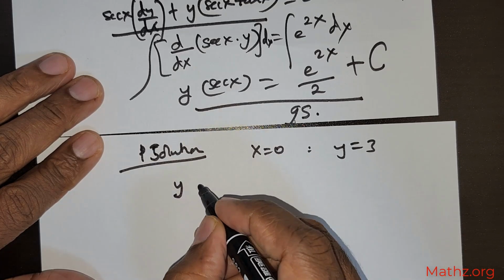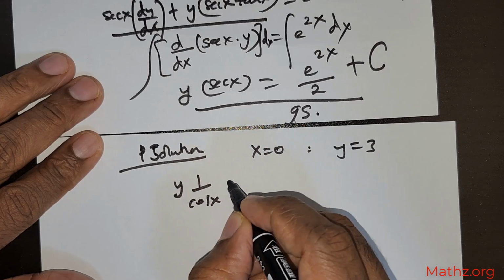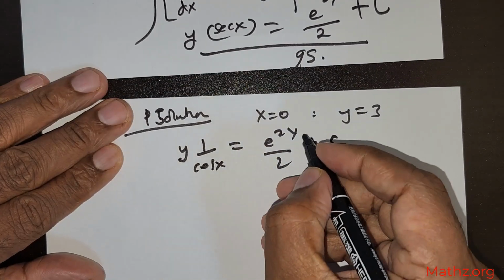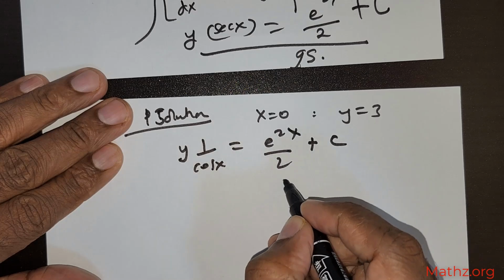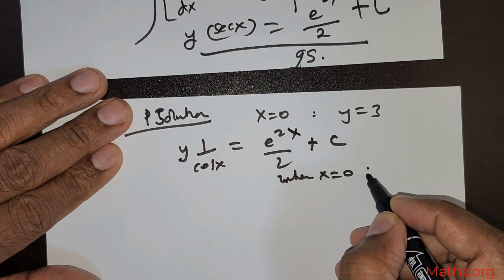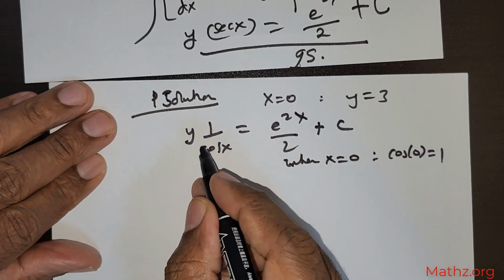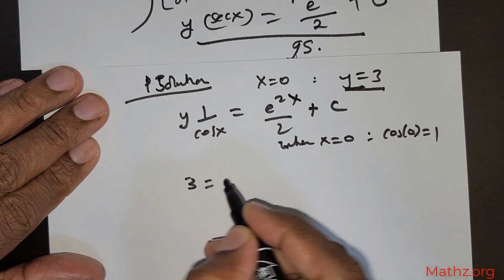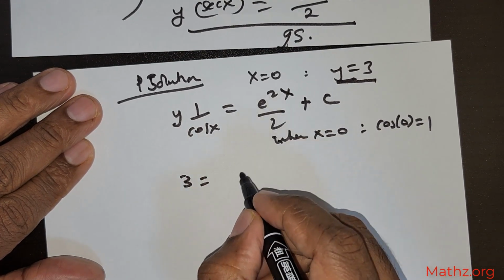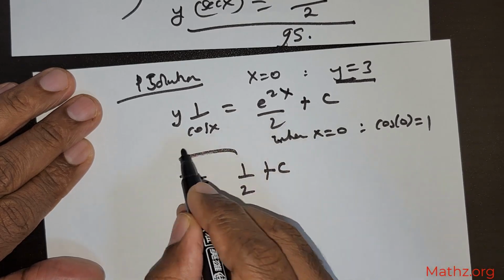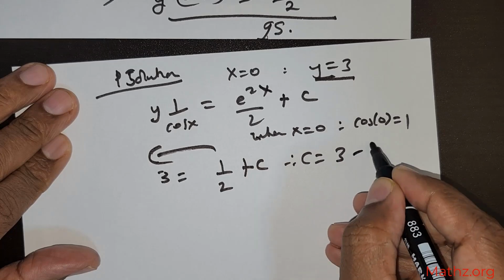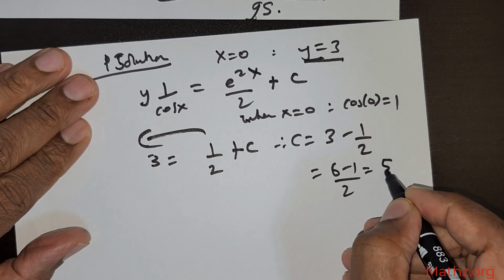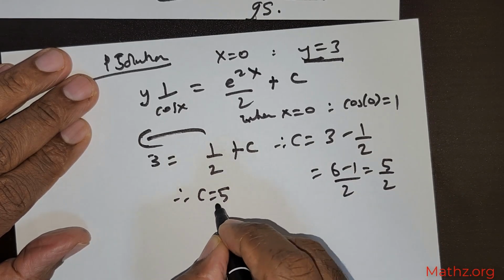So this is going to be y times secant x, which is 1 over cos x, right, equal to e raised to the power of 2x divided by 2 plus c. When x is equal to 0, cos of 0 is equal to 1, and y is equal to 3. So 3 is equal to e raised to the power of 2 times 0, that's 1 over 2, plus c. Moving this, you get c is equal to 3 minus 1 over 2, 6 minus 1 divided by 2, which is 5 over 2. So therefore c is equal to 5 over 2.